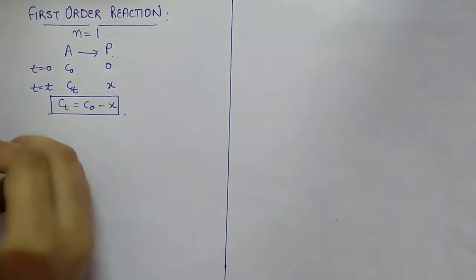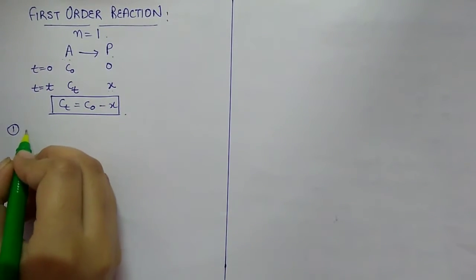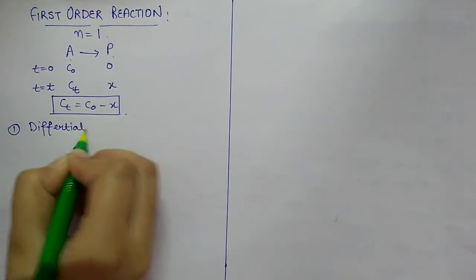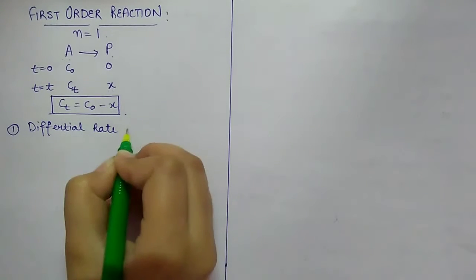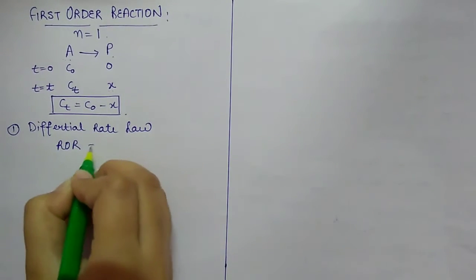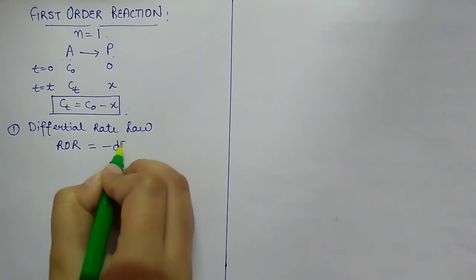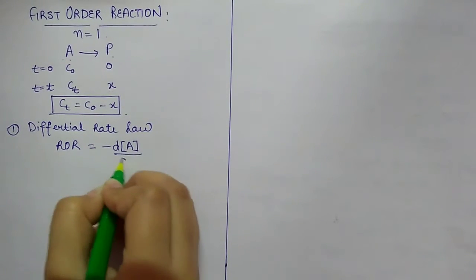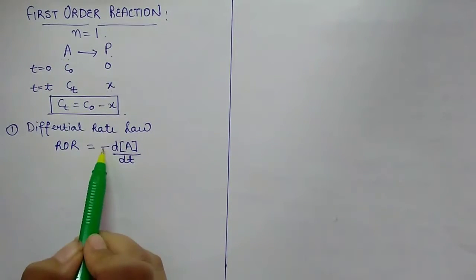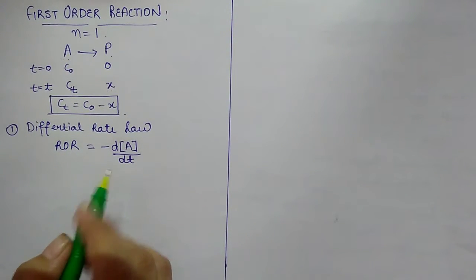So now, according to the differential rate law, the rate of reaction is equal to minus dA by dt. A is being disappeared, so a negative sign will come.